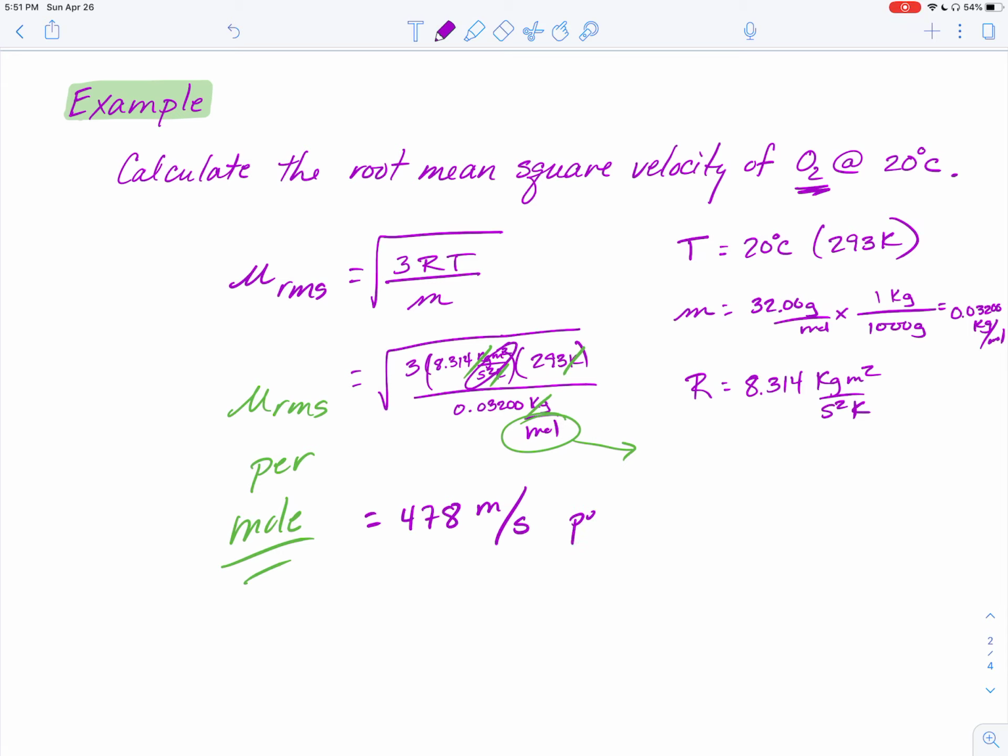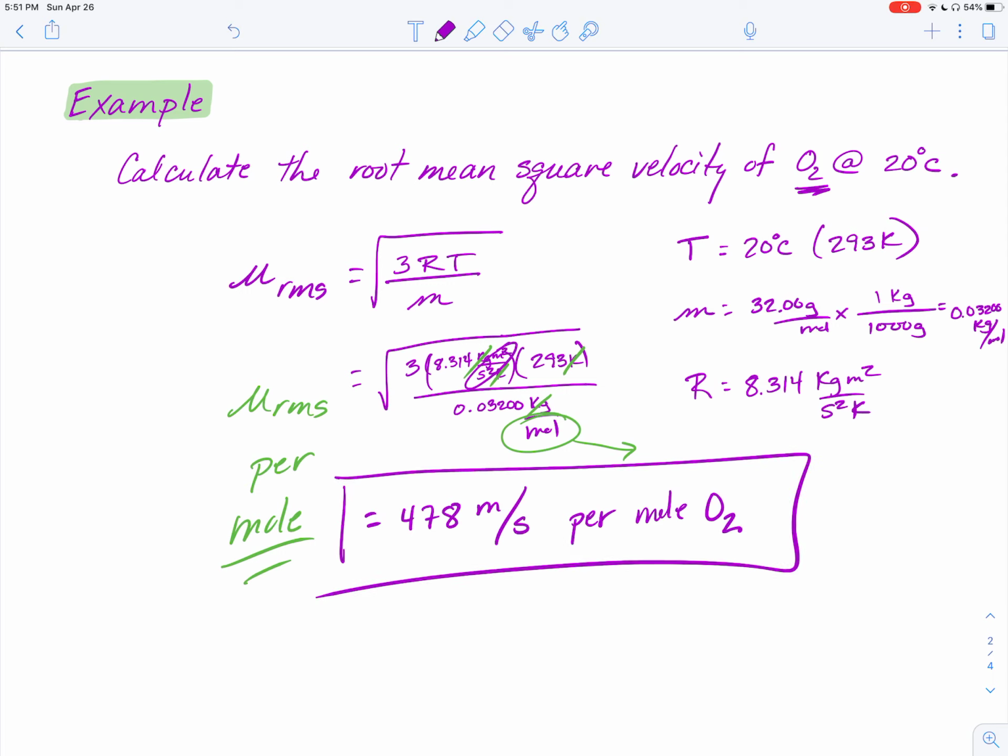And this is per mole of O2. All right, so this is how you use the root mean square velocity equation and how you solve for that of a particular substance at a particular temperature.